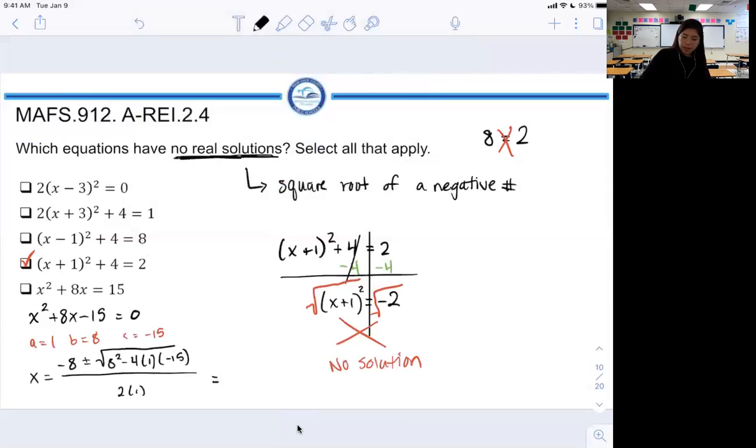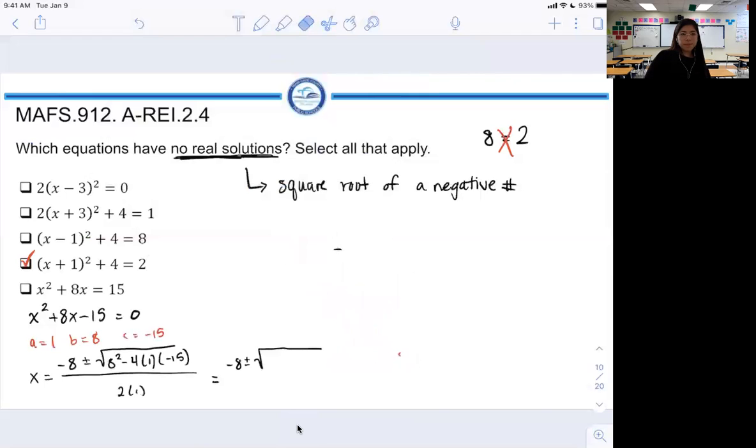What is 8 squared? 8 squared is 64. And then 4 times 15 is 60, positive 60, because negative times negative, and then over 2.